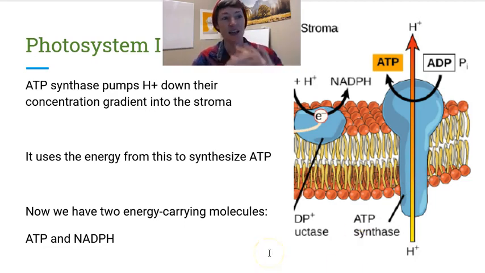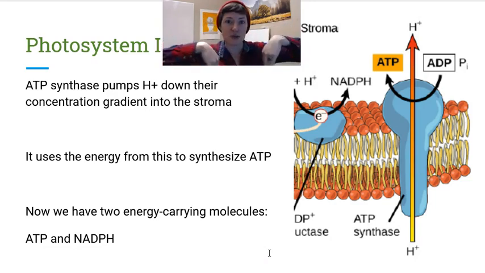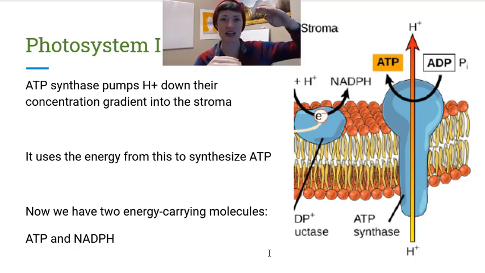So, summary of this process, we've used electromagnetic energy in the form of photons to then get some excited molecules and chemical energy. We've created a concentration gradient with stored potential energy, as well as some NADPH, which has stored chemical energy, which is also a type of potential energy.